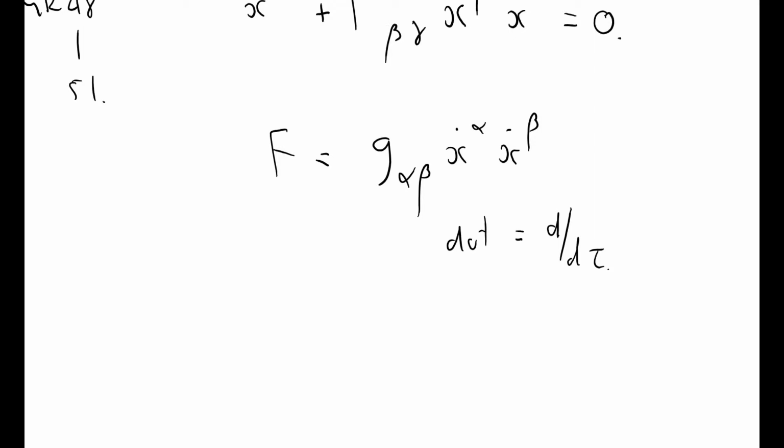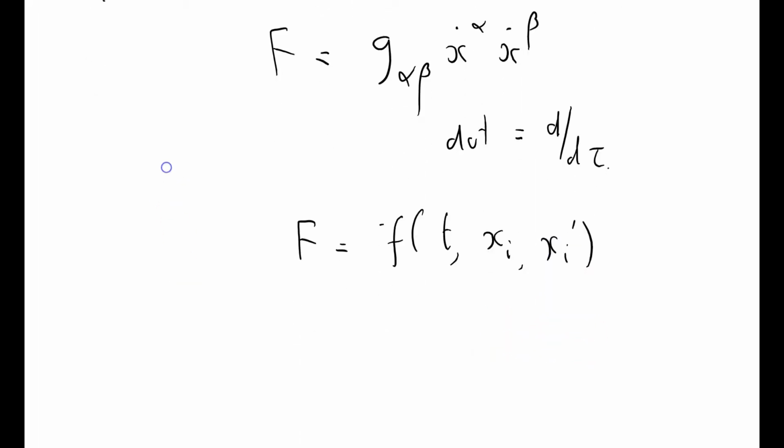So what we had last time was that, I'll just write in my notation explicitly, f was equal to some function of t and xi and xi dash. And the Euler Lagrange equation, what did that give us?